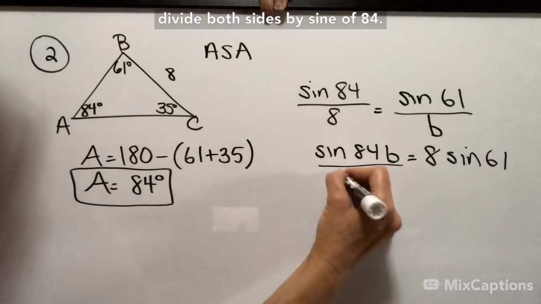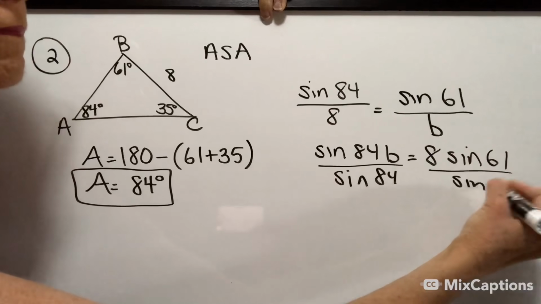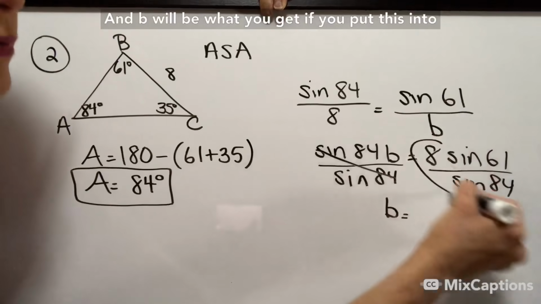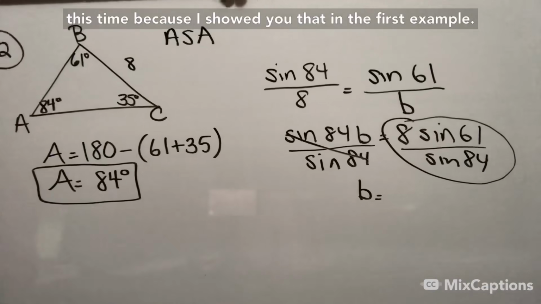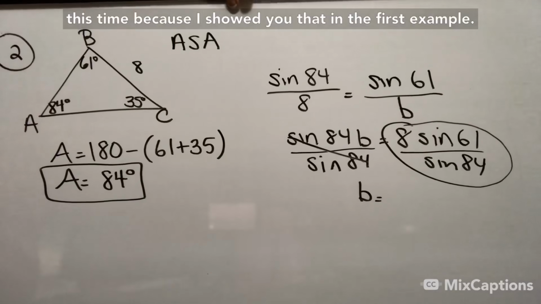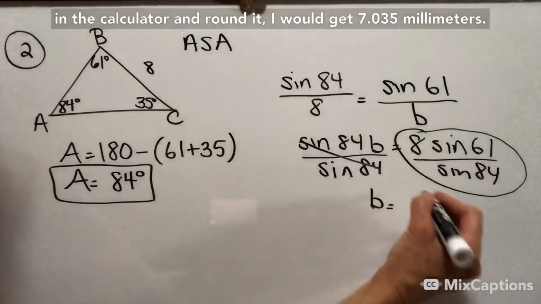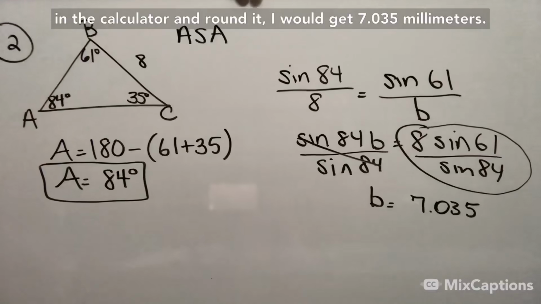So then I will divide both sides by sine of 84. And B will be what you get if you put this into your calculator. So I'm not going to do that this time because I showed you that in the first example. So for this one, if I were to put that exact thing in the calculator and round it, I would get 7.035 millimeters.